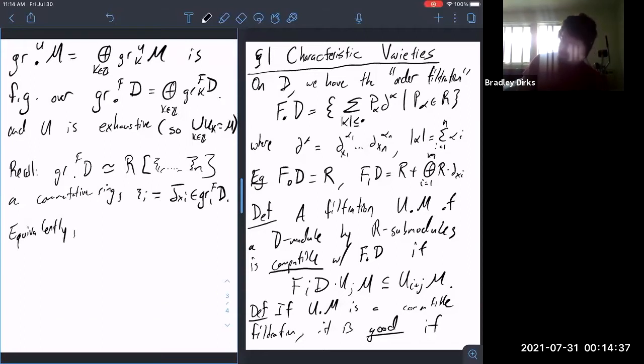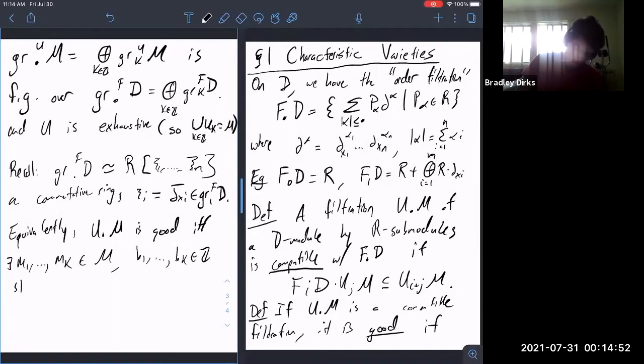examples of good filtrations. So U bullet M is good if and only if there exist some elements in M and some integers such that you can write U bullet M as the filtration given by the order filtration multiplied by those elements.